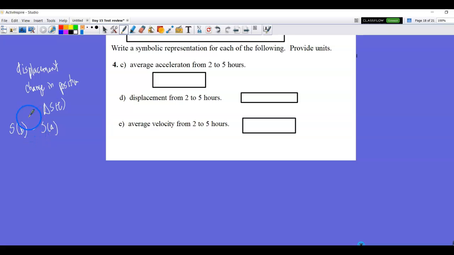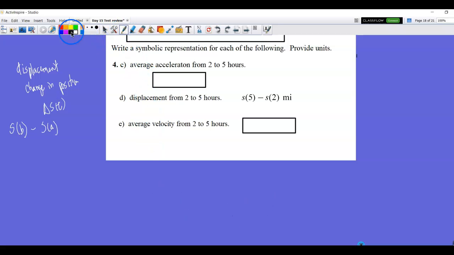If you go to the grocery store and you give them more money than your item costs, they give you change. How does the cash register determine that? It subtracts what you gave minus what you owe. So subtraction is your change. So terminal position minus initial position gives you displacement. In this case, position at 5 minus position at 2, and position is measured in miles. That would be your displacement.